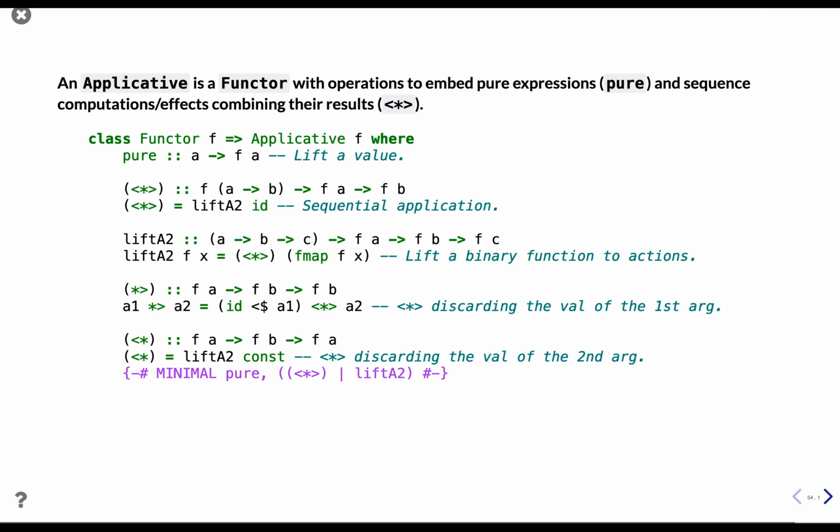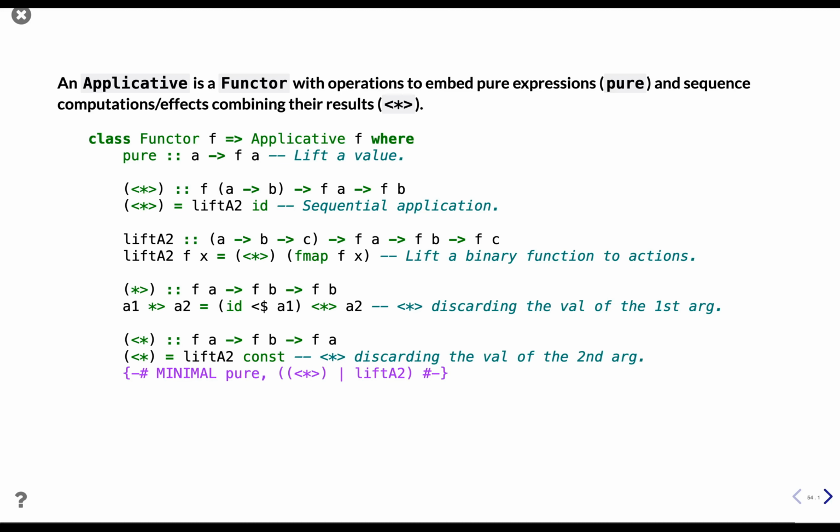Another important thing to notice is that we have mutual recursion between the apply operator, which uses liftA2 as part of its definition, and liftA2, which uses the apply operator as part of its definition. The rest of the functions, except for pure, are defined using one of those. So at the end of the day, we have to provide only pure with either the apply operator or liftA2, whichever we prefer to implement.